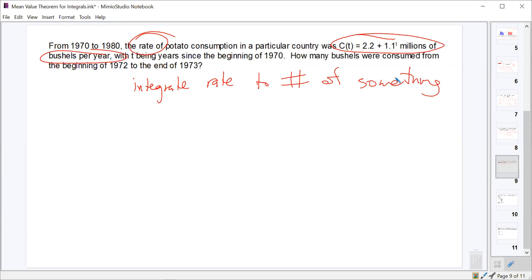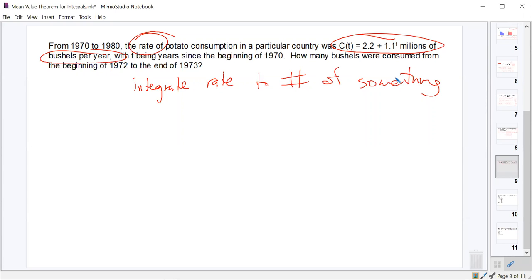Right, so suppose we're integrating the rate of millions of bushels per year. The integral of that rate will be millions of bushels. If we integrate gallons per hour, we should get gallons. If we integrate miles per hour, we should get miles traveled, and so on.